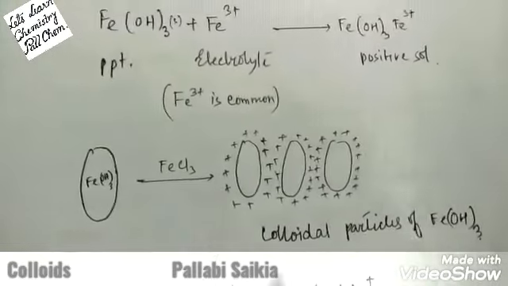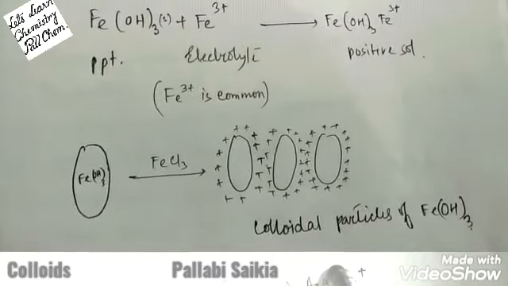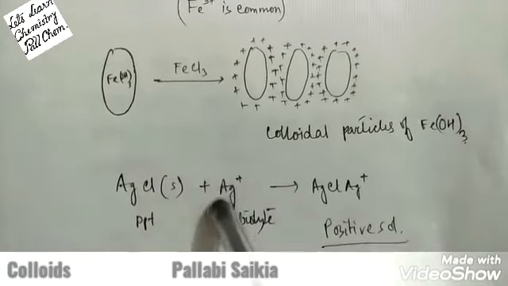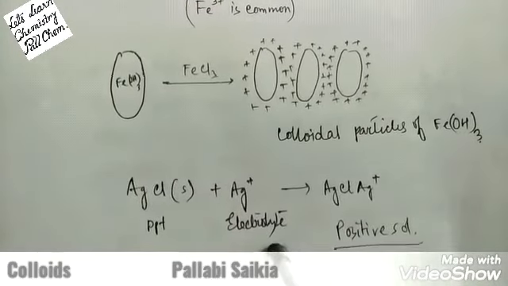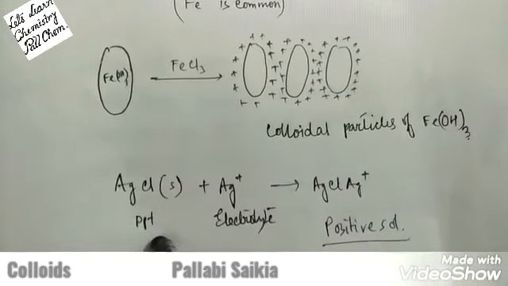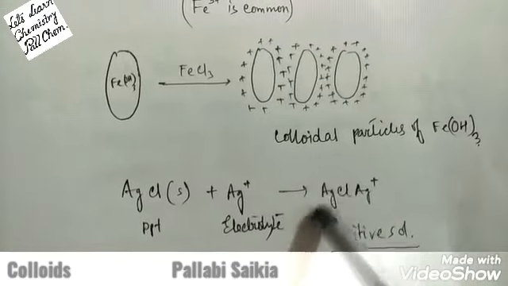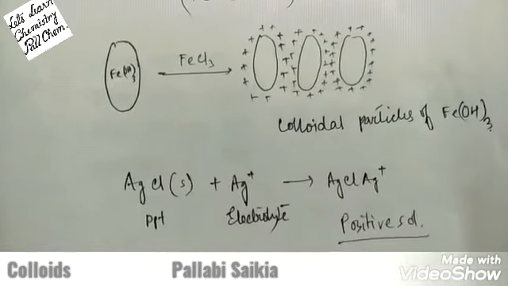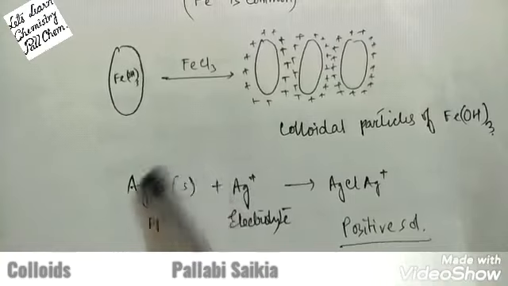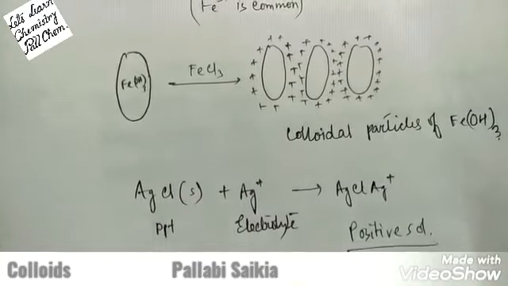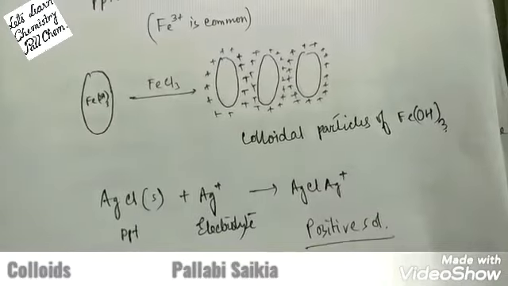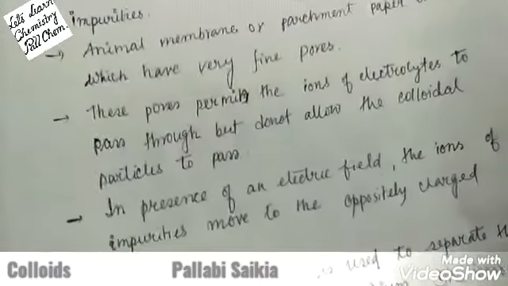As a result, the colloidal particles will form. Similarly, if silver ion as an electrolyte is added to a silver chloride precipitate, then a silver sol will be obtained. Here the common ion is silver positive, so the positive ions will repel each other, and they cannot come close to each other.